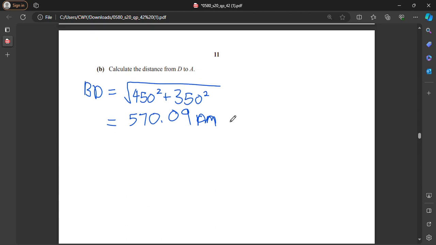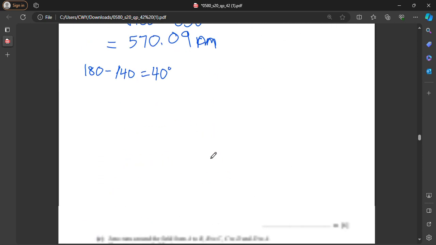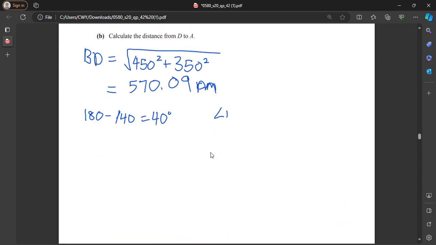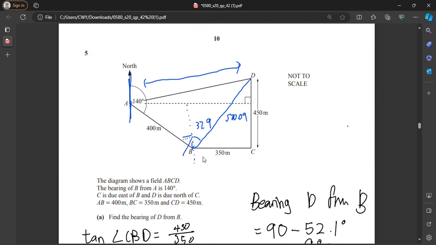So 180 minus 140 is 40 degrees, and then angle DBA is equal to 37.9 plus 40, which gives 77.9 degrees. So here is 77.9 degrees. I have two lengths included in one angle, so I can calculate AD.